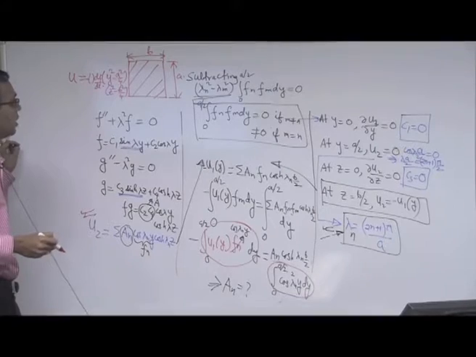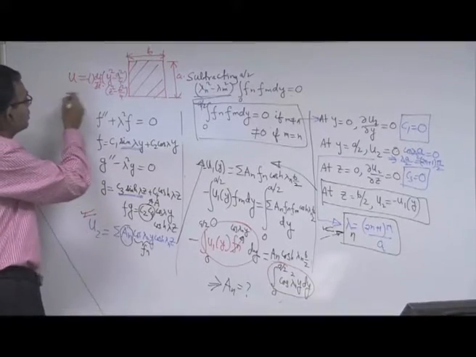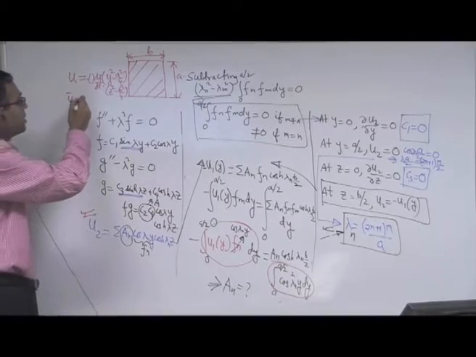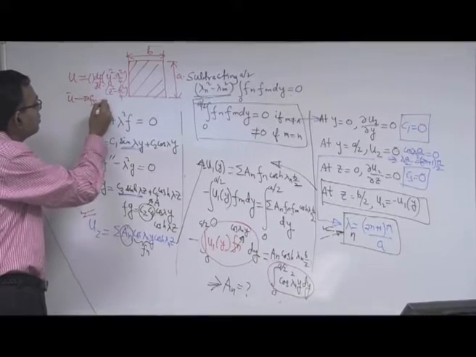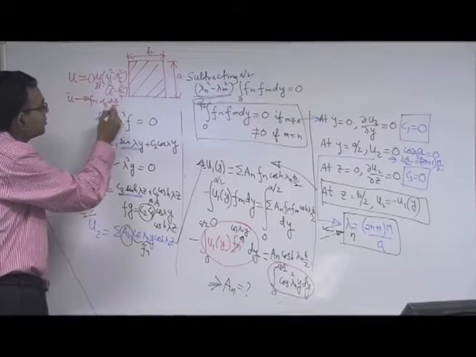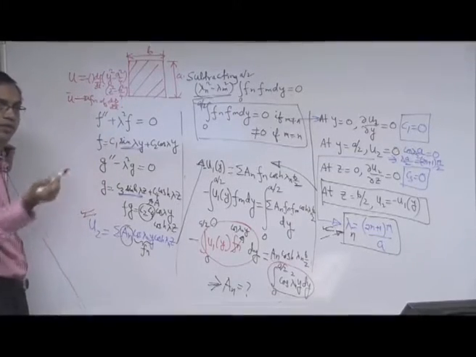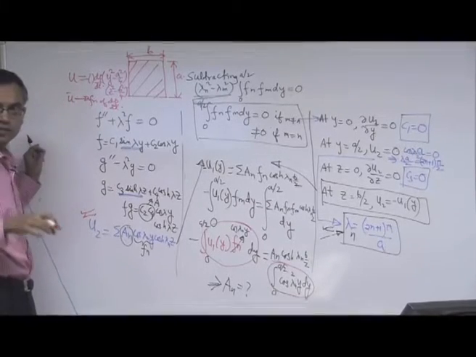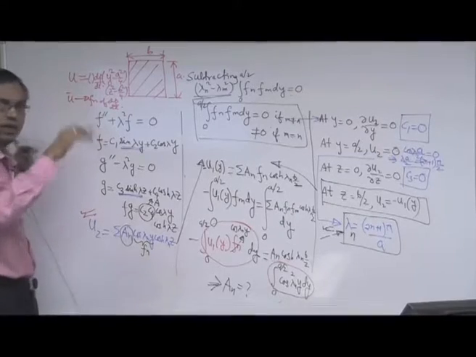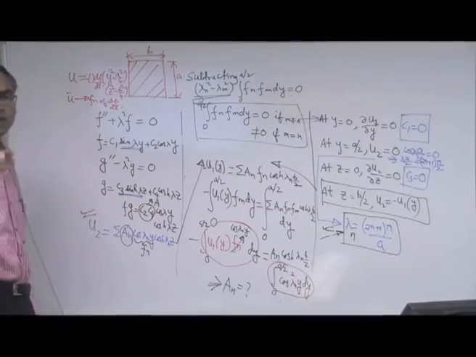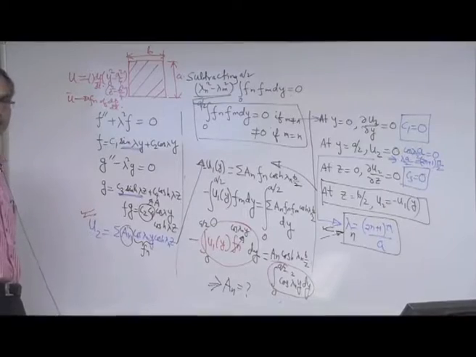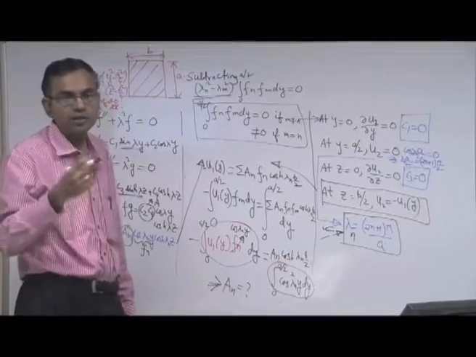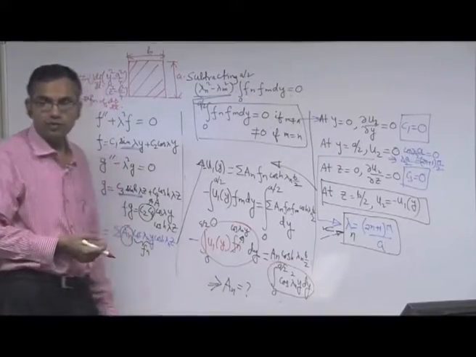So then what you do is you find out u average, and then express u average as a function of dp dx. U average you know how to find out, integral u dA by integral dA, here not dy, dy dz, integral from y minus a by 2 to a by 2 and z minus b by 2 to b by 2.